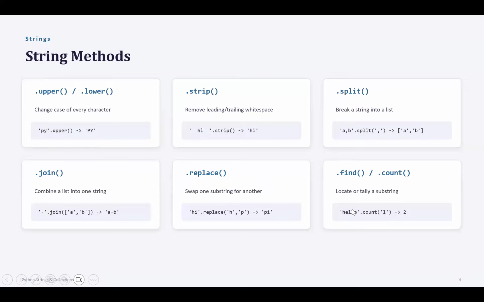So 2 times, and 2 is printed. If I write find, it checks in which index L occurred and provides the index. Since L is repeating 2 times, will it give both indexes or just the first one?